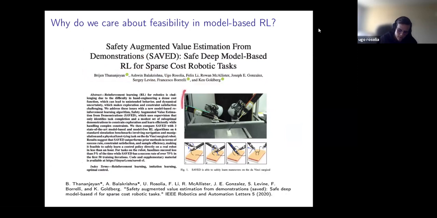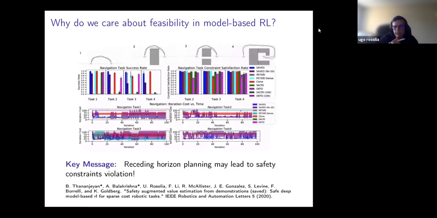And what they did is also that they implemented their algorithm on a real robot. And on top of that, they did a very nice study where they benchmarked their strategy against different state-of-the-art methodology, including PATS, safe actor critic, and some other strategies.